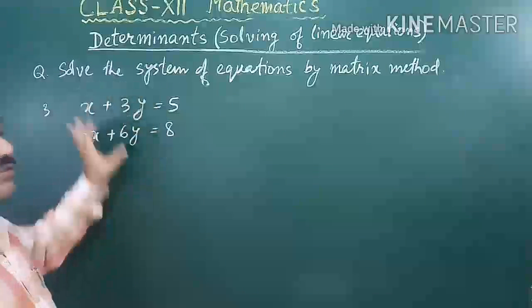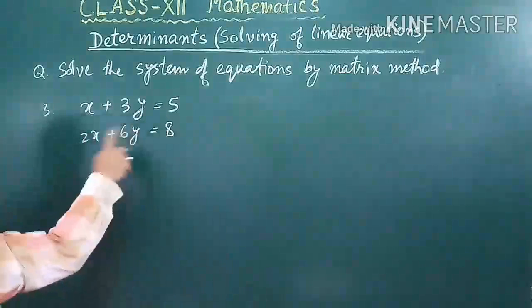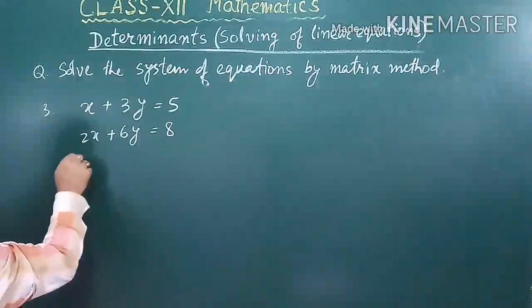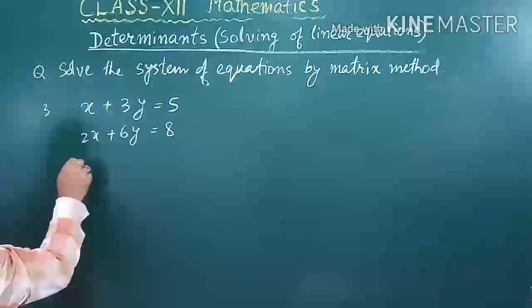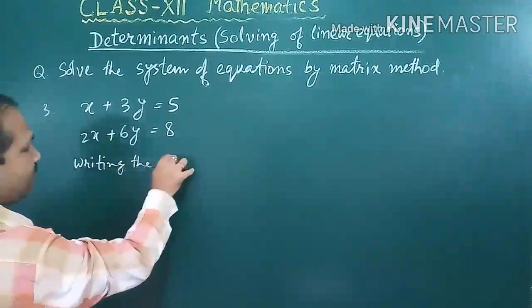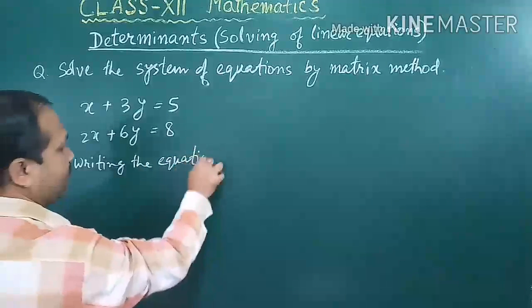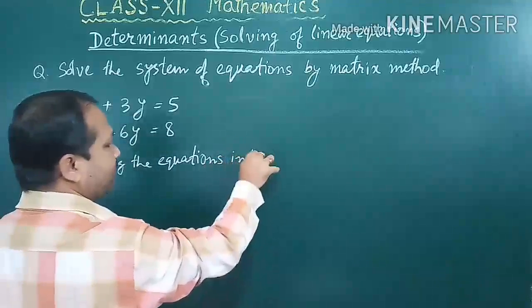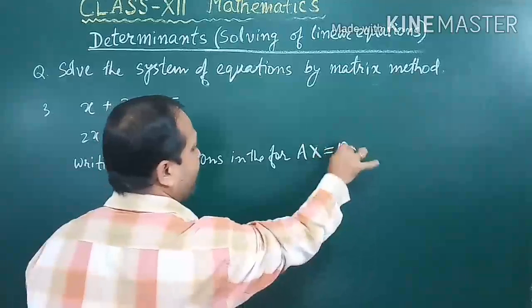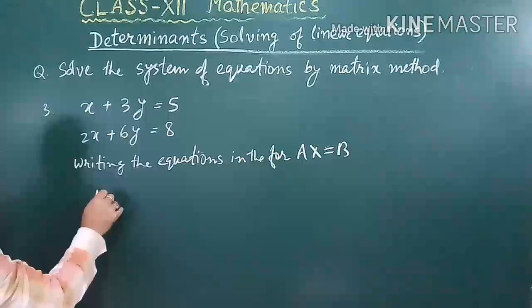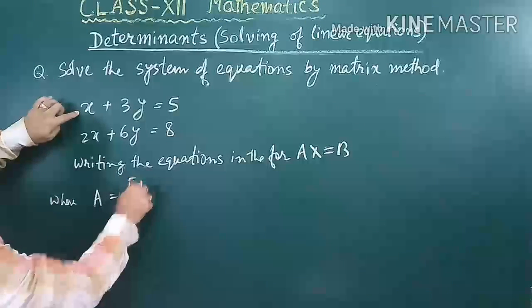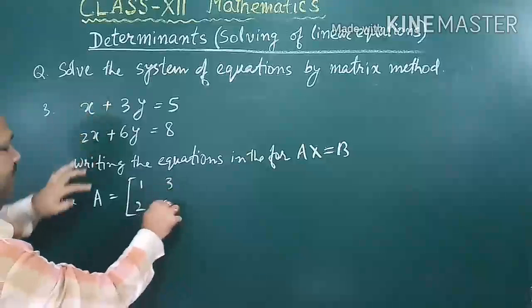This system of equations can be written in the form AX is equal to B, where A is equal to 1, 2, 3, 6.